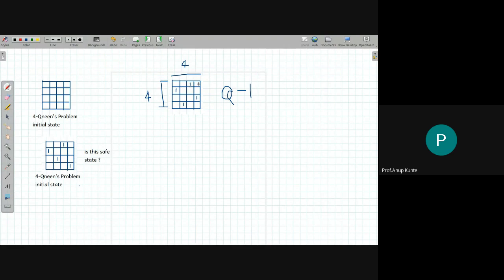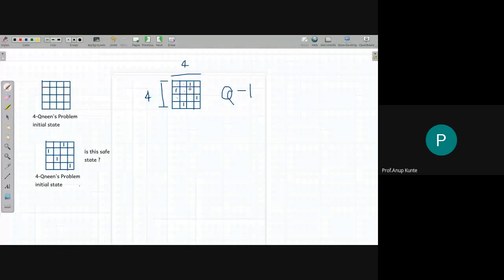Now you know that a chess queen can attack any pawn that is in its row, in its column, and in its diagonal direction. So if I place a queen here, that will be attacking all these red cells, which I am marking as red. This queen is going to attack all the pawns which are present in the red cells.